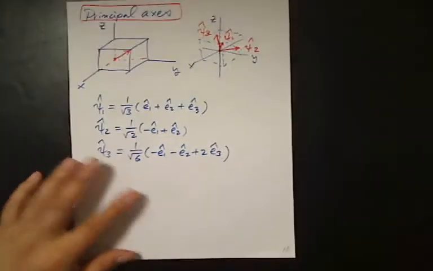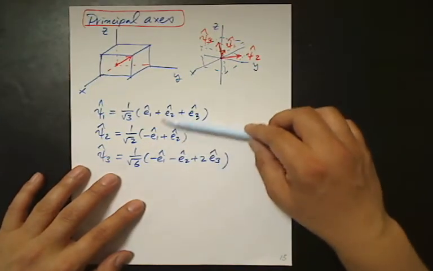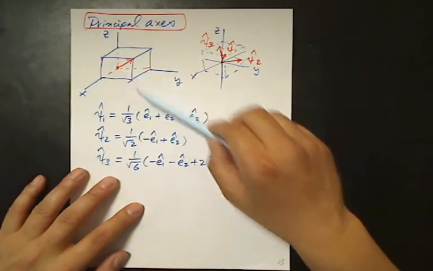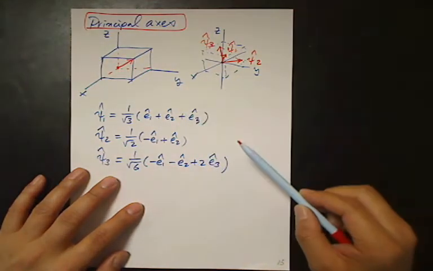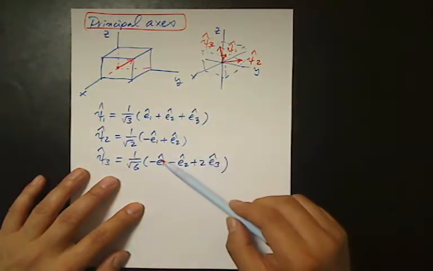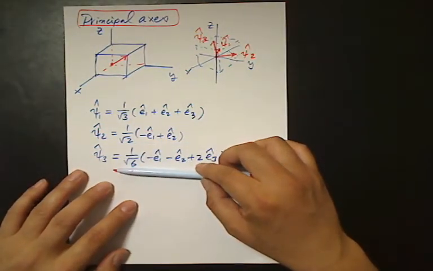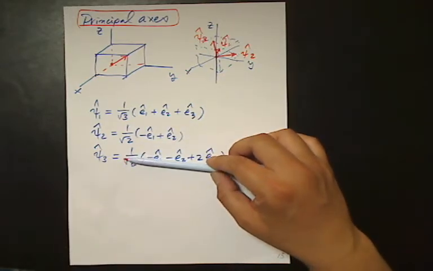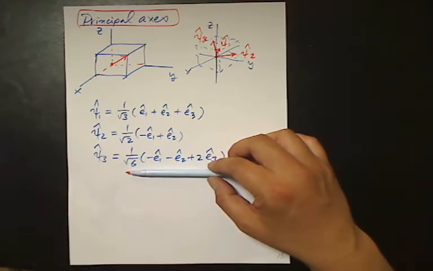And all three vectors, we have chosen the three vectors as a cyclic coordinate system, and this is actually the direction of the diagonal from the origin to this vertex. So psi 1, psi 2, psi 3 are all principal axes, and if you rotate about these principal axes, then the angular momentum will be proportional to the angular frequency, angular velocity.